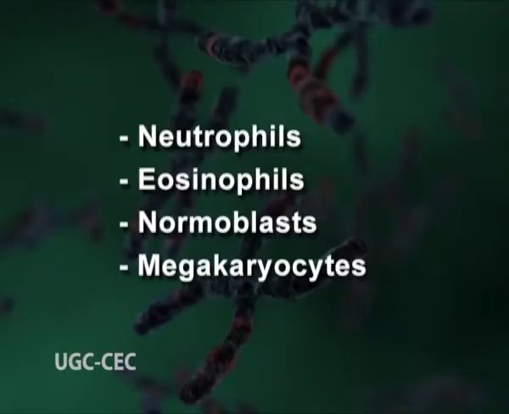In all the bone marrow cells and cells originating in the bone marrow, that is neutrophils, eosinophils, normoblasts and megakaryocytes. During remission, Ph1 persists in bone marrow and often in cells derived from there.